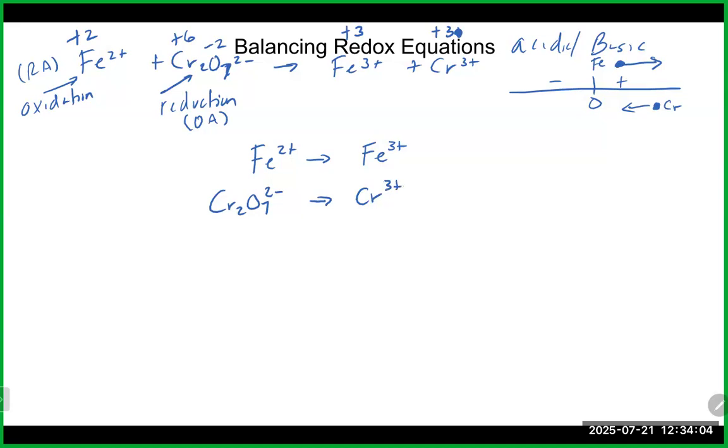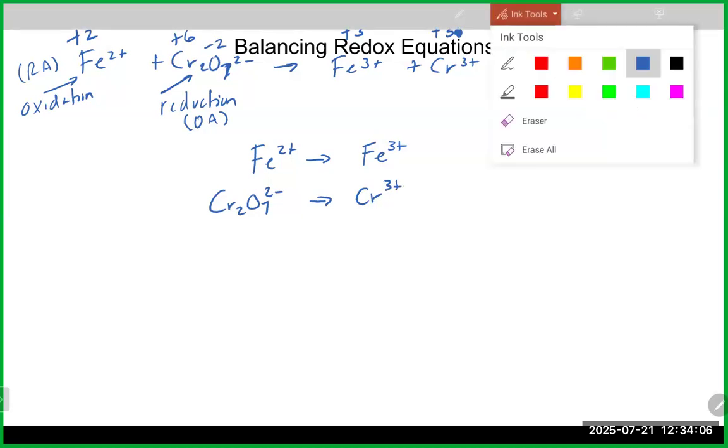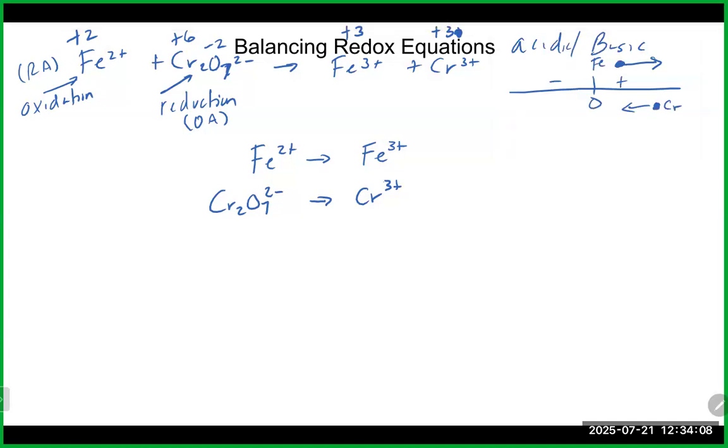So once you've done that and you split it off into its half reactions, since we've already identified what's going on, we know that's our oxidation half reaction, and that is our reduction half reaction. The next thing you want to do is balance all the elements except for hydrogen and oxygen.